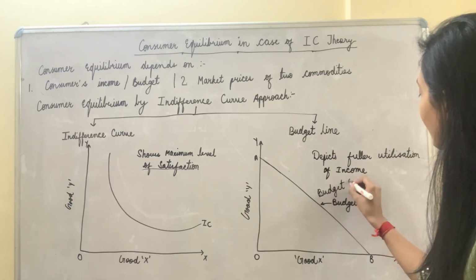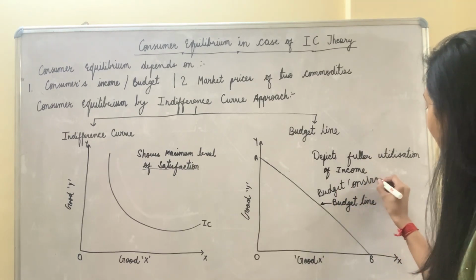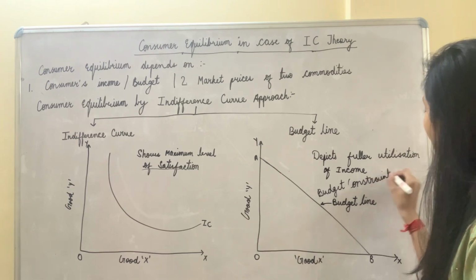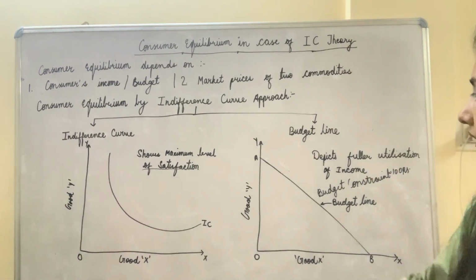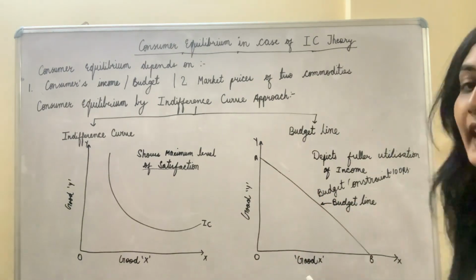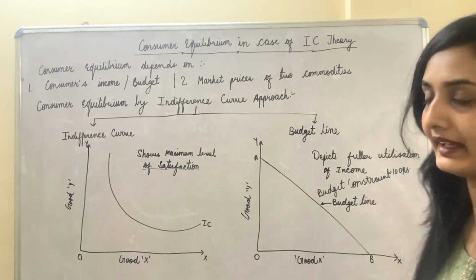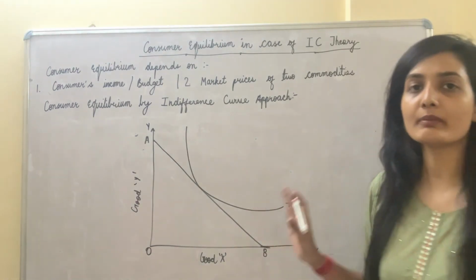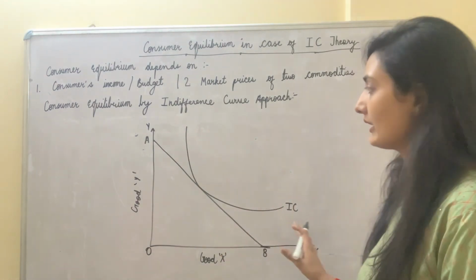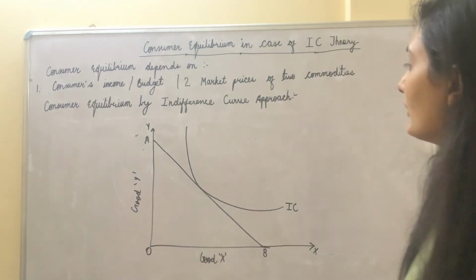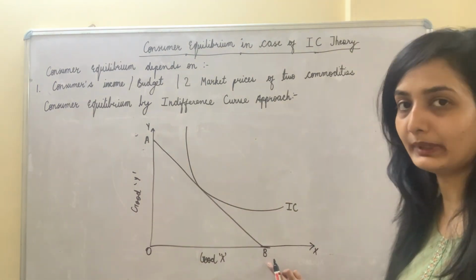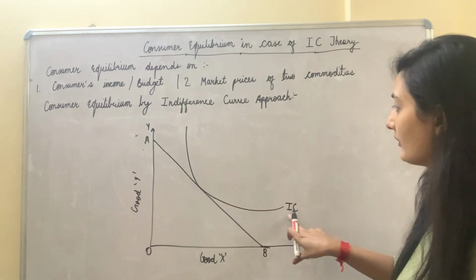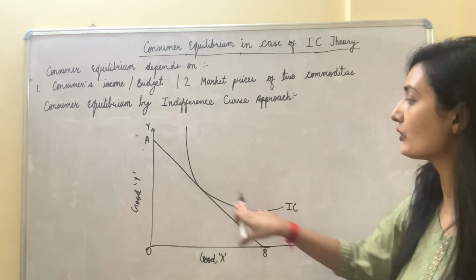We are assuming our budget constraint is 100 rupees, and good y is on y-axis and good x is on x-axis. So we merge the indifference curve and budget line in a diagram. What I have made is budget line AB and indifference curve that is convex to origin.